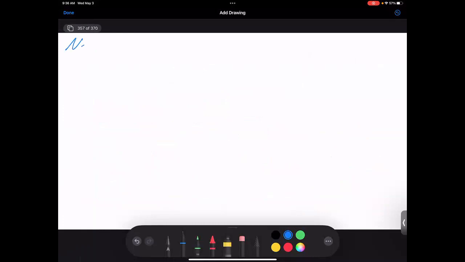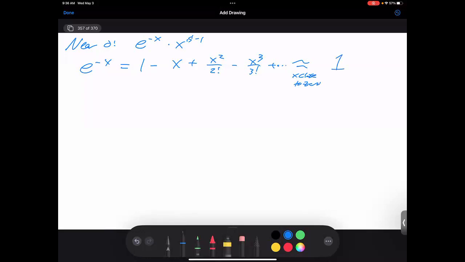Near 0, we have e to the negative x times x to the s minus 1. Now, by Taylor series, e to the negative x is 1 minus x plus x squared over 2 factorial minus x cubed over 3 factorial plus dot, dot, dot. So when x is close to 0, what is this approximately? Good, it's approximately 1.